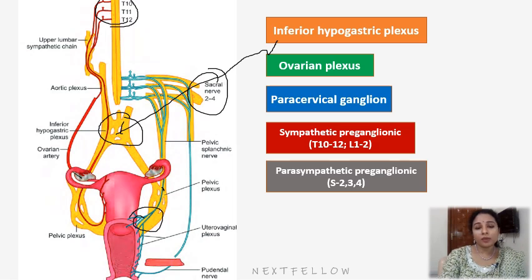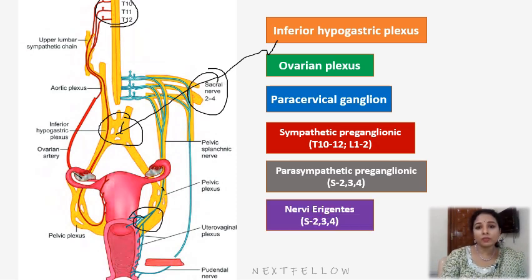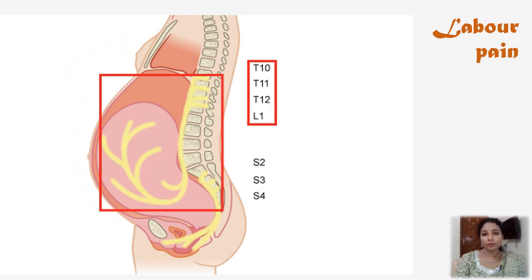Coming to the sensory supply, the sensory supply to the cervix and upper part of the birth canal passes through the pelvic splanchnic nerves, which is called nervi erigentes. The root value of the sensory nerve is S2, S3, S4, and those from the lower portion of the birth canal are primarily supplied by the pudendal nerve. We can see the pudendal nerve which supplies the lower part of the birth canal.